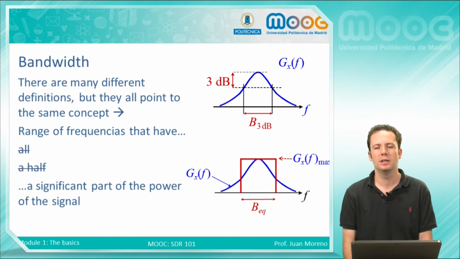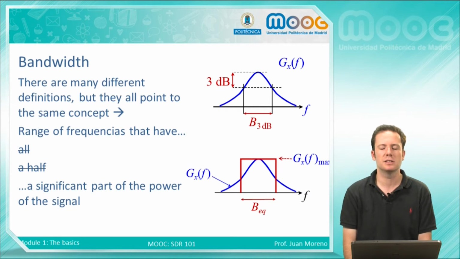For example, the power. Some people define the bandwidth as the entire range of frequencies that contain all the power of the signal, but this definition sometimes is a little bit impractical. So most of the time it is defined as the 3 dB bandwidth.